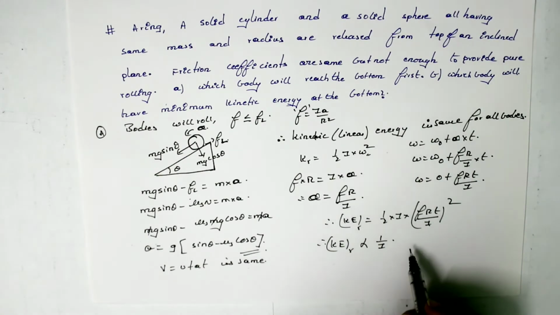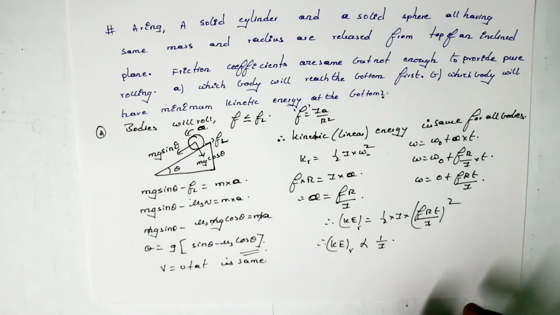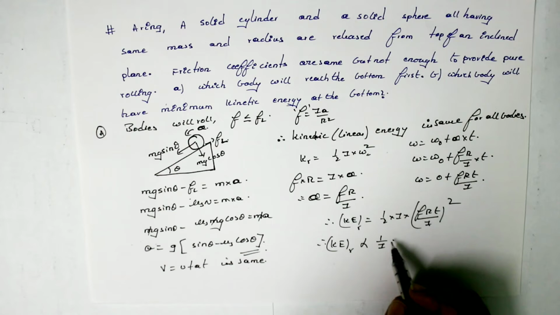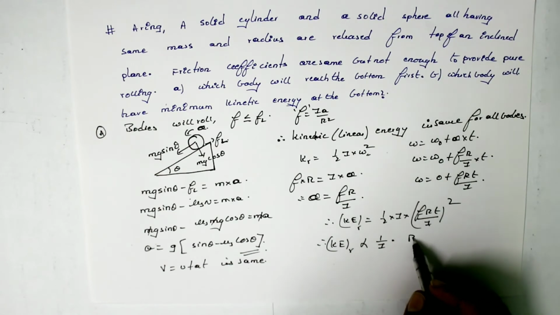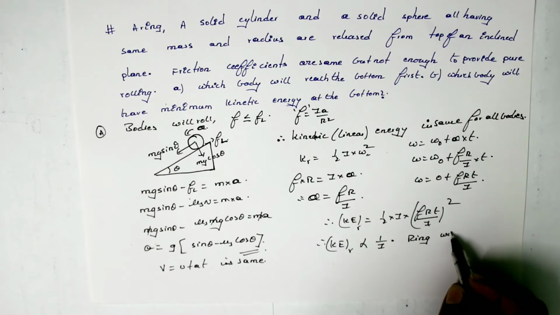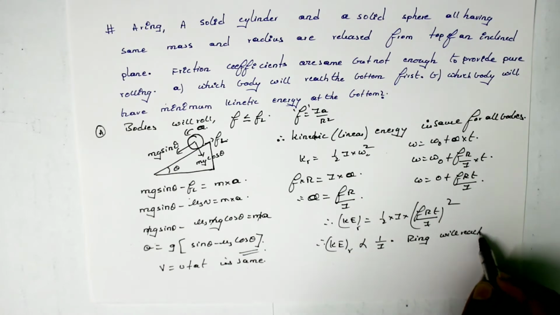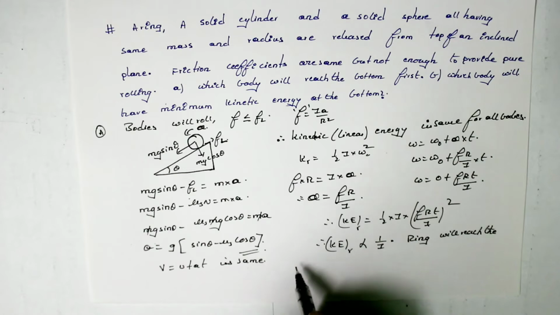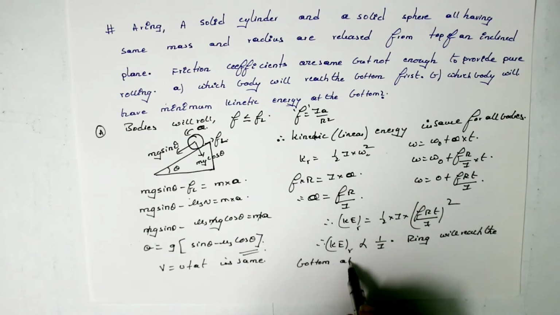Therefore the bodies which have the highest moment of inertia will reach the ground last. Definitely I can say the ring has the highest moment of inertia, so the ring will reach the bottom last.